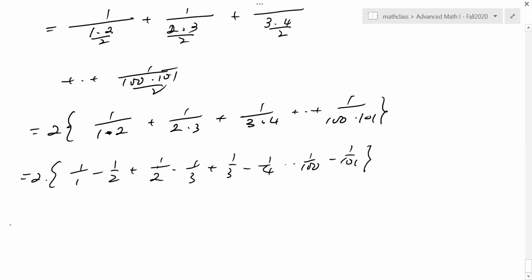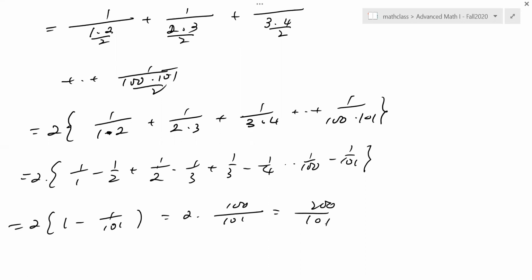Right, so all of them in the middle will be gone, so it's 1 minus 1 over 101, and then it's 200 divided by 101. Okay, it's close to 2.